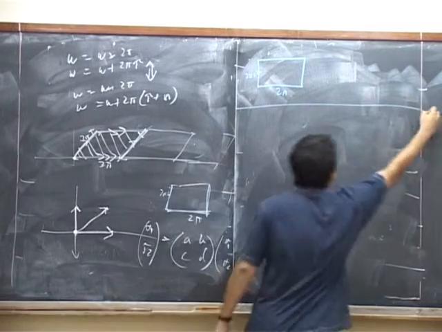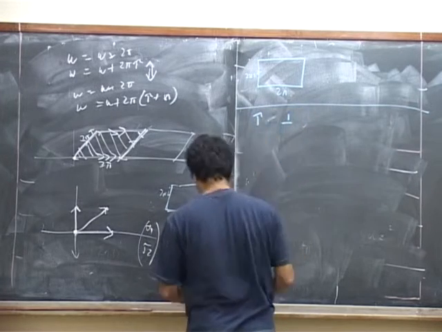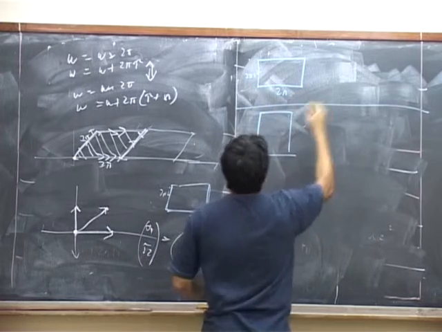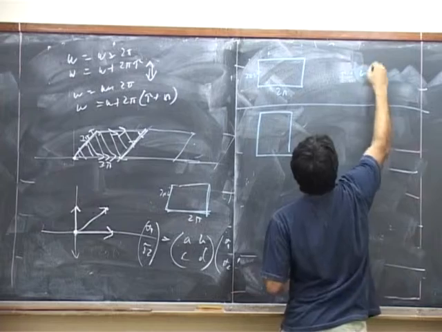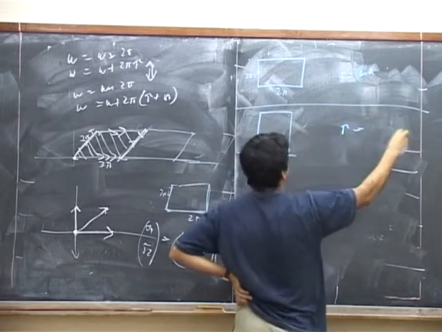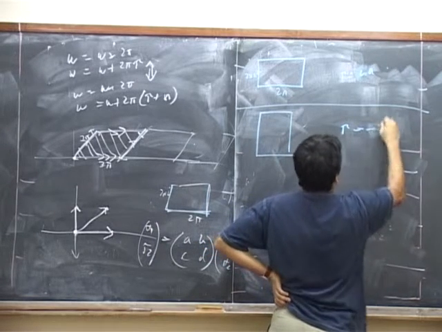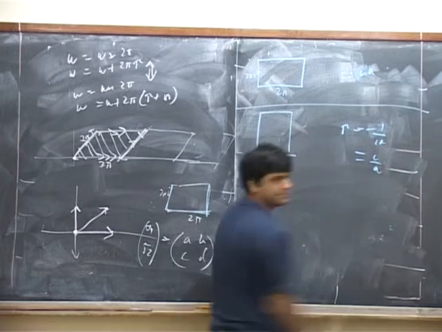Now I'm claiming that if you took tau to minus 1 by tau, suppose you had another rectangular torus in which tau was equal to i by a. Now let's look at a torus in which tau is equal to minus 1 by i a, which is equal to i by a.